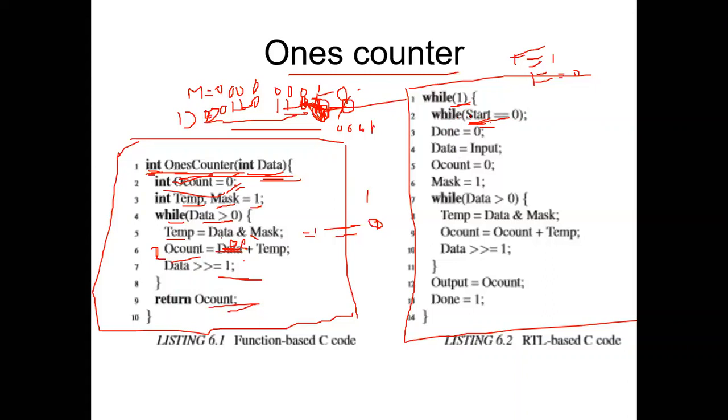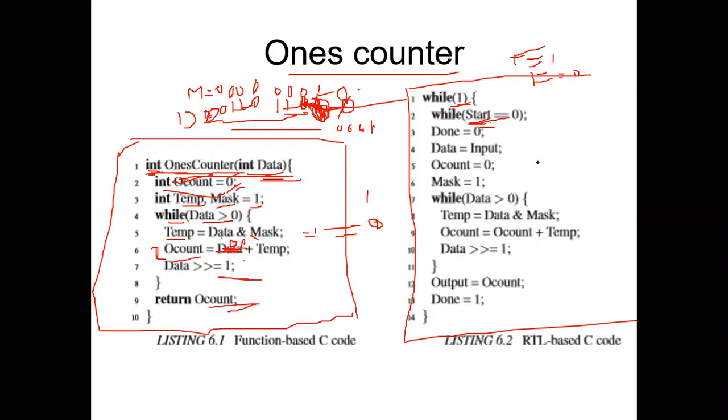That means if start is 0, it will continuously execute this loop. It will check whether start is 0. If it is 0, it will come back to the same line and again check start equal to 0. This will continue till start is not 0. Is it clear? Yes.